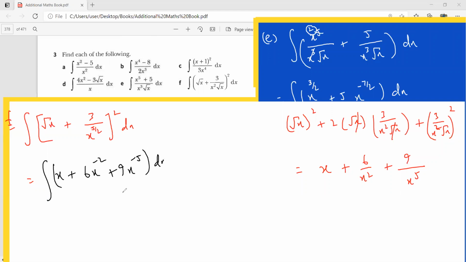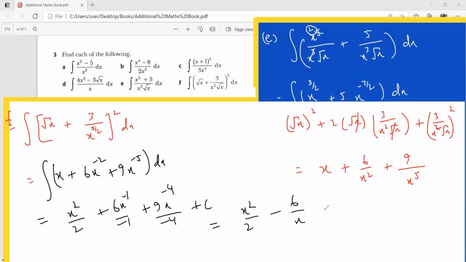I have just less than a minute. This is x squared over 2 plus 6 x to the power minus 1 over minus 1 plus 9 x to the power minus 4 over minus 4 plus c. And finally, this is x squared over 2 minus 6 over x minus 9 over 4x to the power 4 plus c.